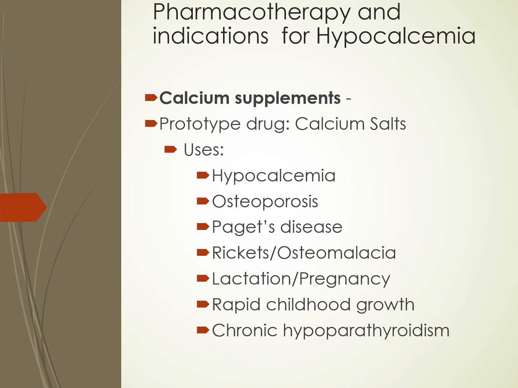Okay? Osteomalacia, that's just in the adults. So it's vitamin D deficiency in adults, leading to soft bones because they don't have enough circulating calcium to maintain strong bones.